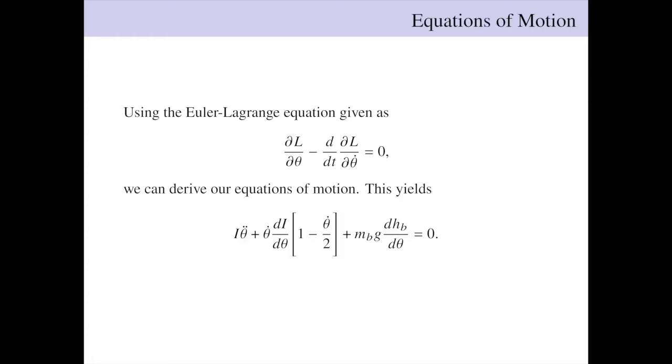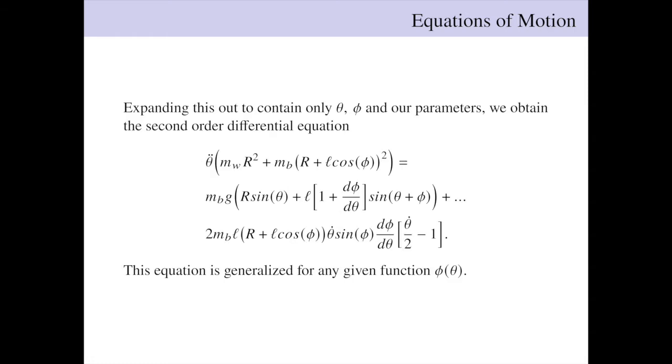Once we have the Lagrangian, we can use the Euler-Lagrange equation to derive the equations of motion. We obtain the following equation at the bottom. After differentiating I and h_b, we end up with our finalized equations of motion.